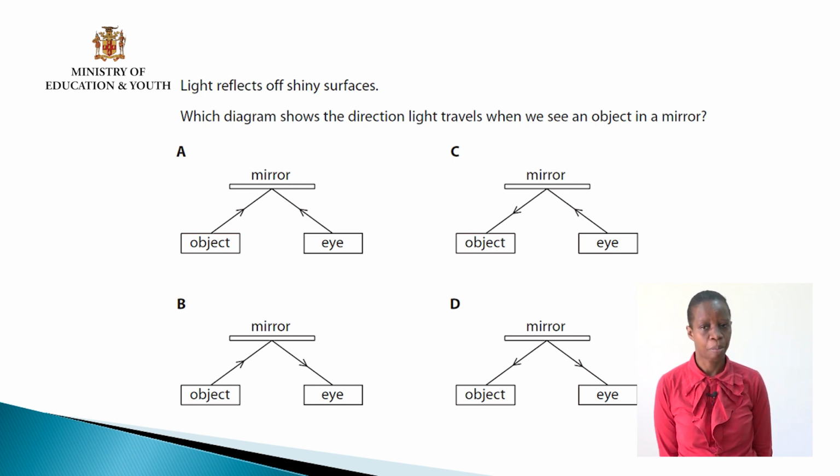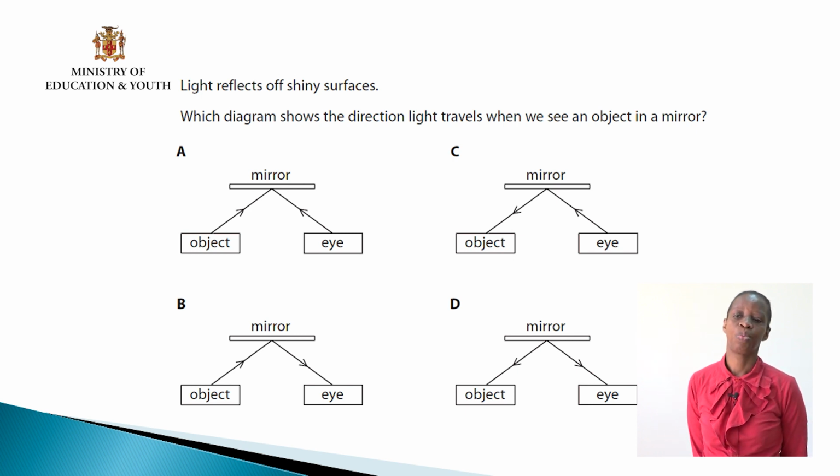Remember, very important, how are we able to see objects? We see objects because the objects reflect light that is around them, and that reflected light is interpreted by our brain, of course, and seen by the eye. So it works in that way.